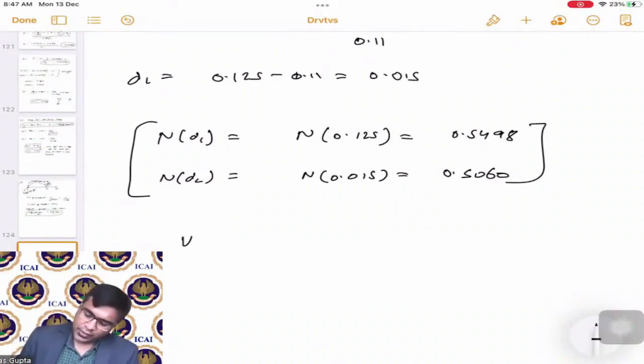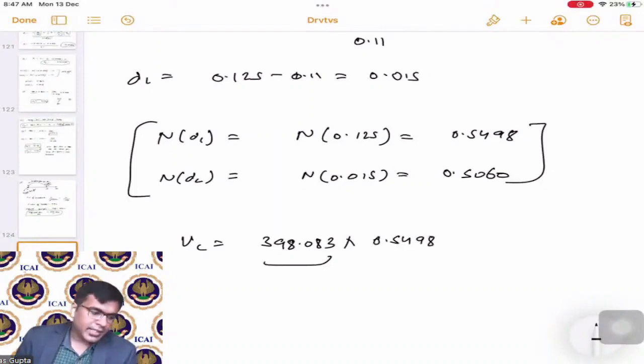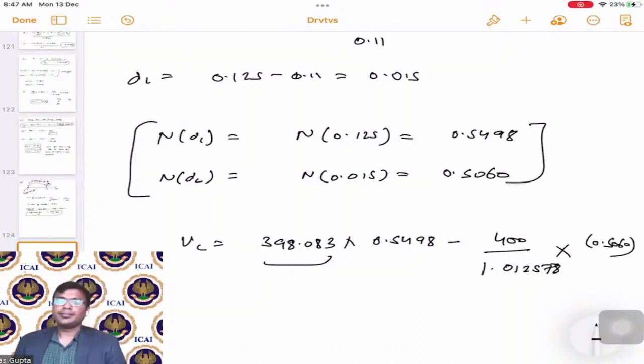Then the value of call option is equal to 398.083. This is the adjusted spot price that we have to use, correct? Multiplied by 0.5498, minus present value of strike price. This is again the same value only, 0.12578 multiplied by 0.5060.